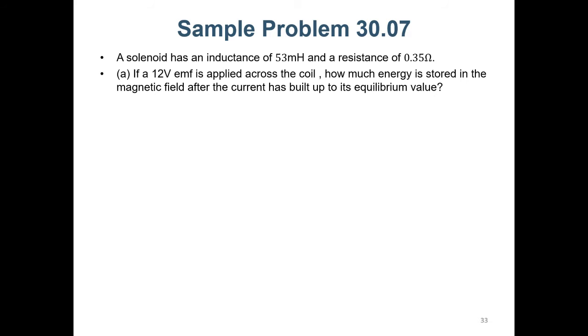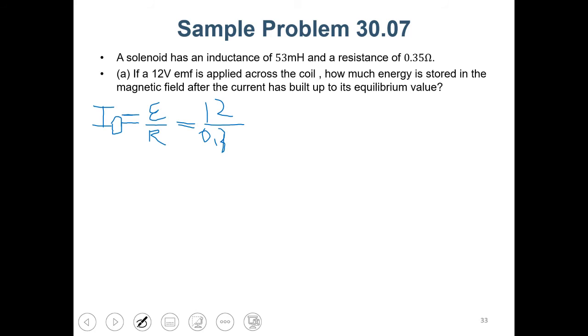How much energy? So for the steady state, the I0 should be E over R, which is 12 over 0.35, which means that I should be 34.3 amps.